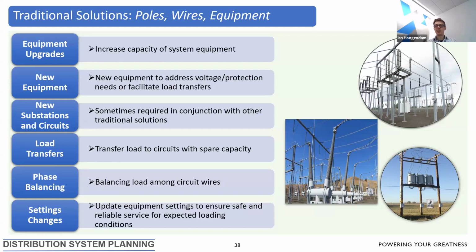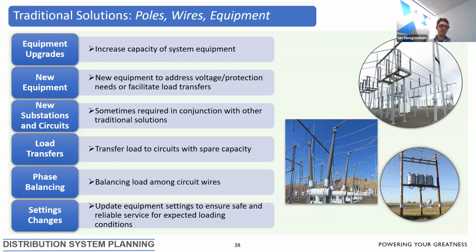In some cases, new equipment may be required to regulate voltage levels or enhance the system's fault detection and isolation capabilities. Construction of new substations or circuits could be required if power demand or customer numbers exceed company standards, and these types of solutions often are accompanied by another type of solution called load transfers.